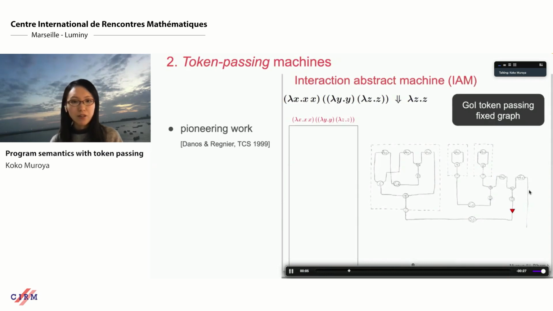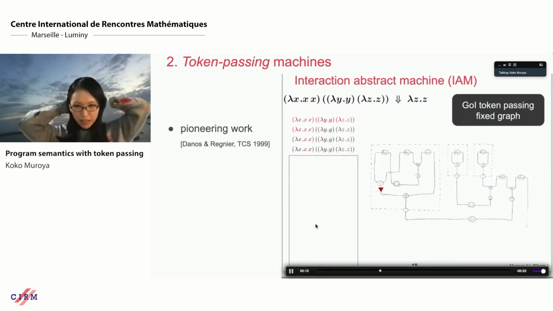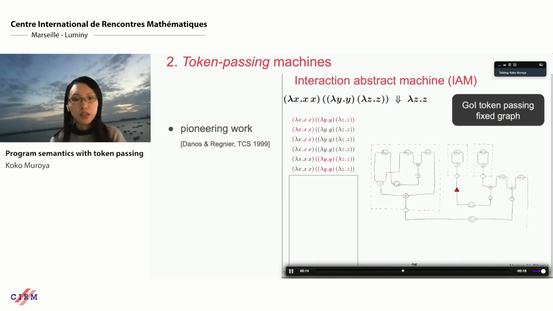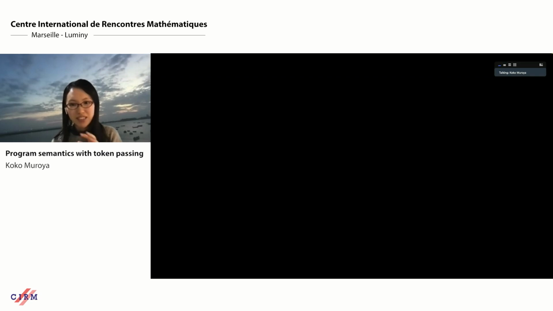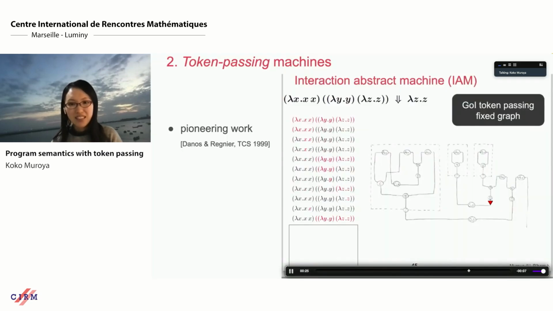In the way it moves around, the net can also be described using some beta reduction, but I'm not going into details. And this token is actually following the path given by GOI. At some moment it jumps to a shortcut.